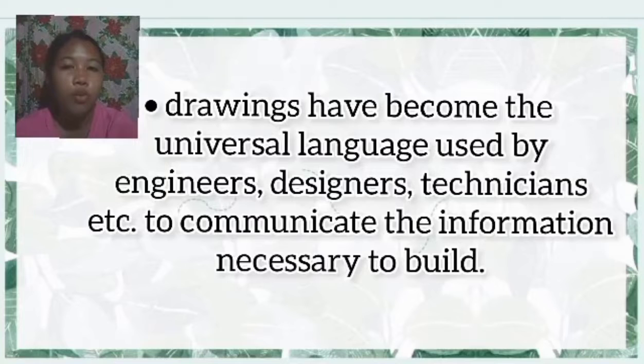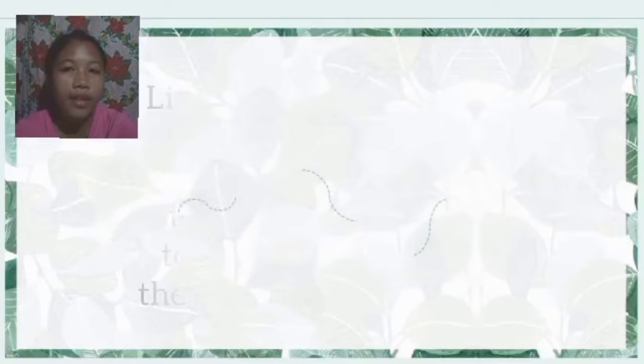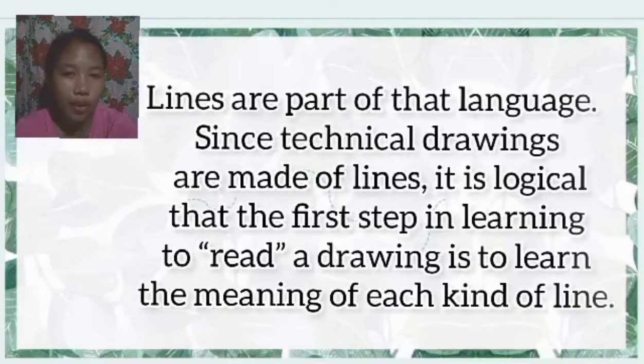Therefore, drawings have become the universal language used by engineers, designers, technicians, as well as craftsmen to communicate the information necessary to build, assemble, and service the product of industry. Lines are part of that language. So now, let's proceed to the language of lines.